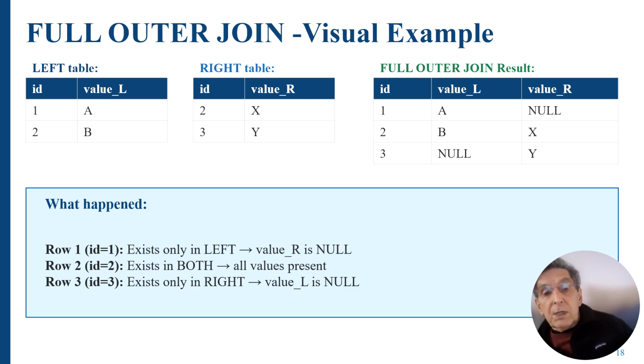So the 3 rows that are the result of this join happen because you're going to have a row from each of the tables, regardless of whether there's data in the other table. So this is a comprehensive view that shows you exactly what exists in each source and where the overlaps and gaps are by identifying the nulls.